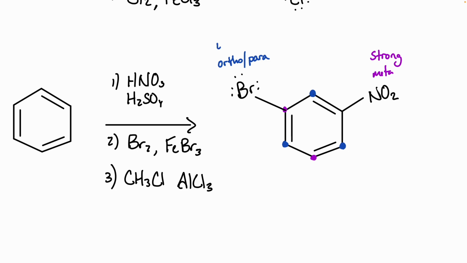It is a weak one. So which one's going to get their way? The strong one or the weak one? The strong one's going to win, right? So that stronger group is going to be the one that directs that incoming substituent. So in this case, that incoming methyl group will be placed meta to that nitro group.